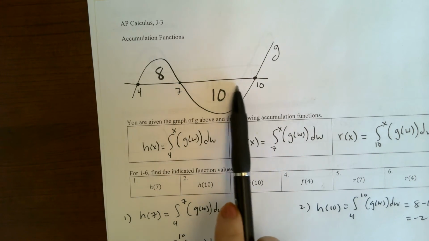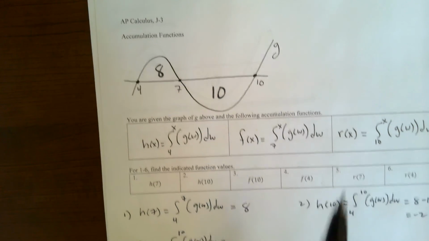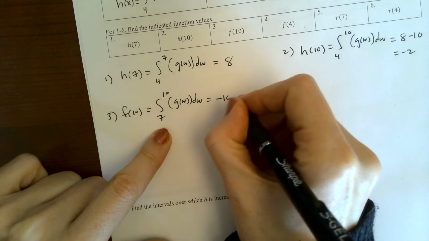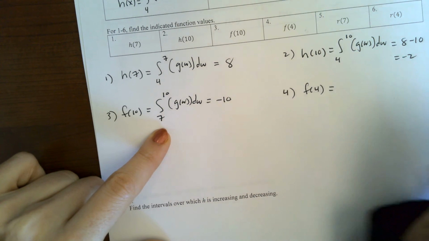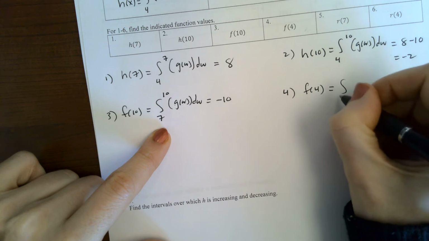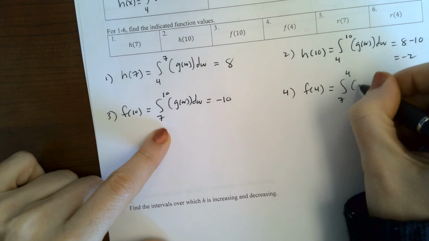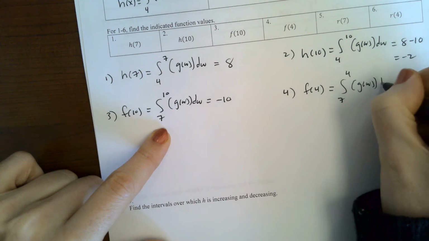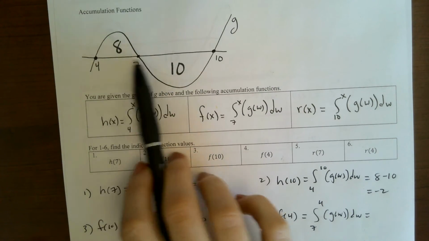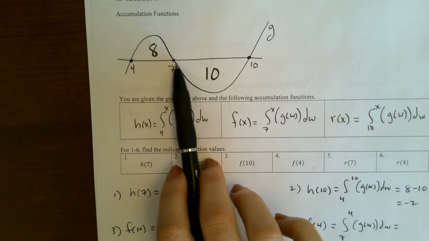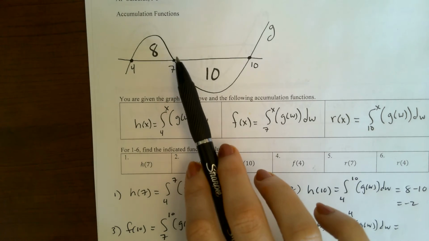So now we're starting at 7 and going to 10, but using the same graph g. That area is negative 10. Now f of 4, the integral from 7 to 4, that is backwards. We're integrating over a backwards interval, so that becomes negative 8.